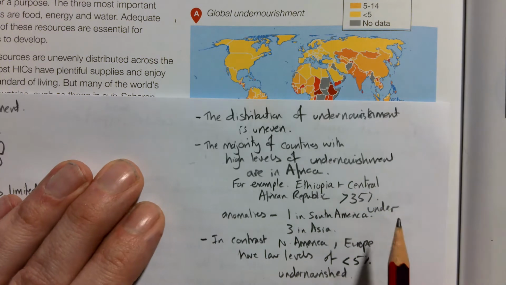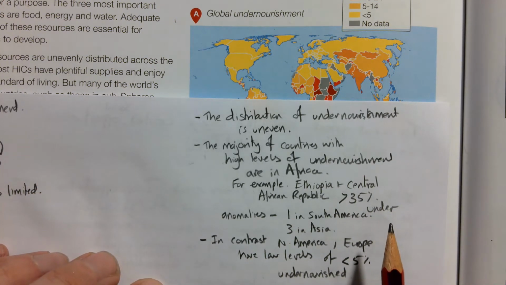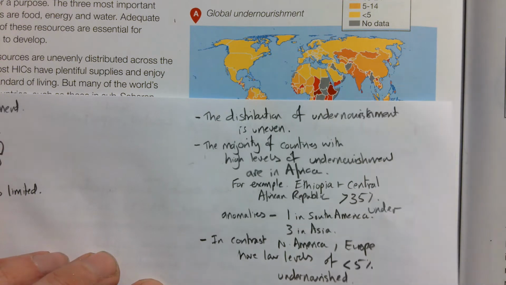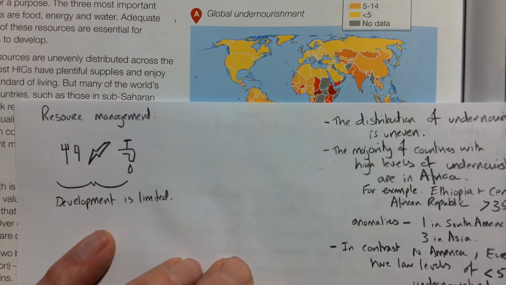So let's have a couple of questions. First of all, what are the 3 most important resources when considering development? Good. Food, electricity or power, and water.